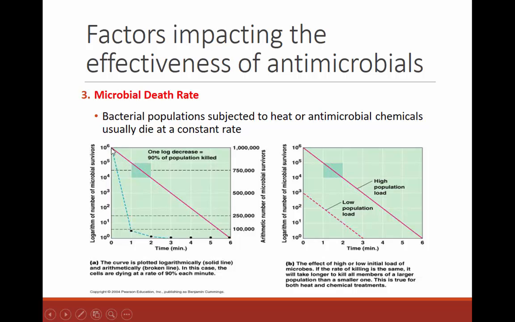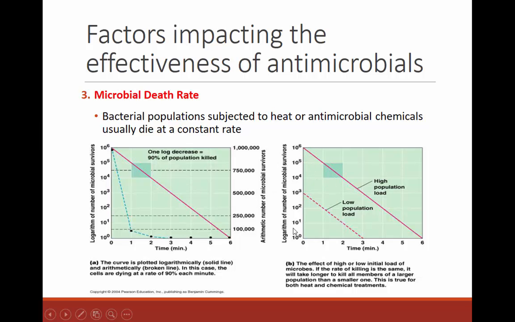If you start with 10 to the 6 microorganisms, you heat treat it for a minute, you will decrease that population by 1 log. So you've got 90% of the population being decreased. You must remember this is a logarithmic scale. So in 1 minute, you've killed 90% of the population. And then it takes quite a while to get rid of all of them. But you've knocked off most of them with that first minute.